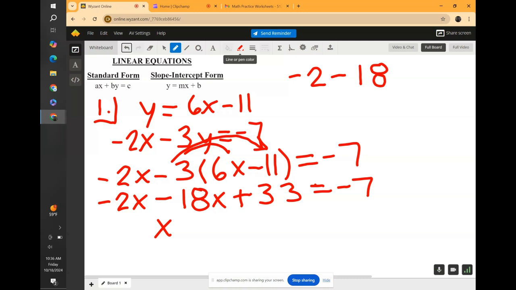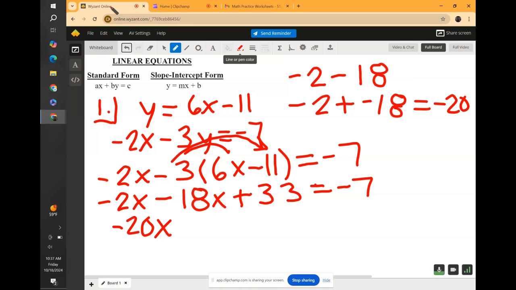If I start, remember talking about the number line, at -2 and subtract 18 from that, I'm going away from 0, getting more negative. Another way to look at that is -2 plus a -18, the same idea. We're adding on a negative value, so it's getting more negative. That's going to be a -20. Start at -2, go another -18 units. So our value when we simplify that is -20x.